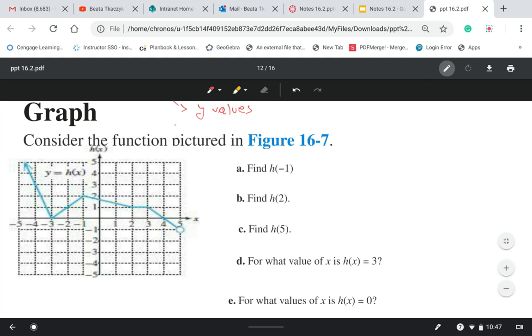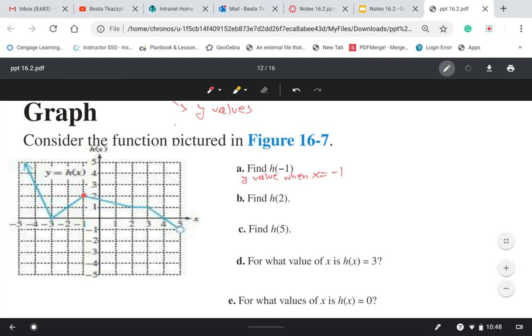So we need to find y value when x is equal negative 1. So you have a graph. So how are we going to do it? I'm going to find x equal negative 1, which is right here, and that's the point.